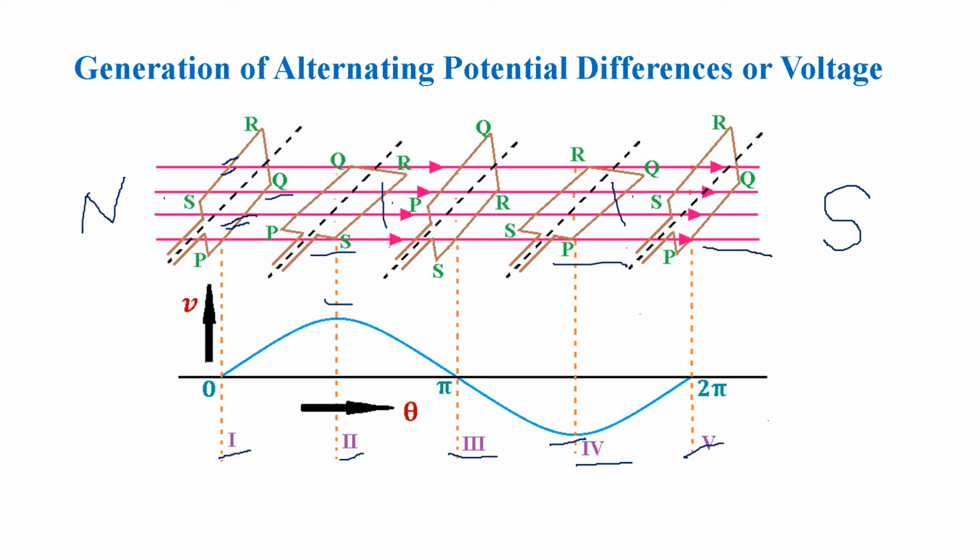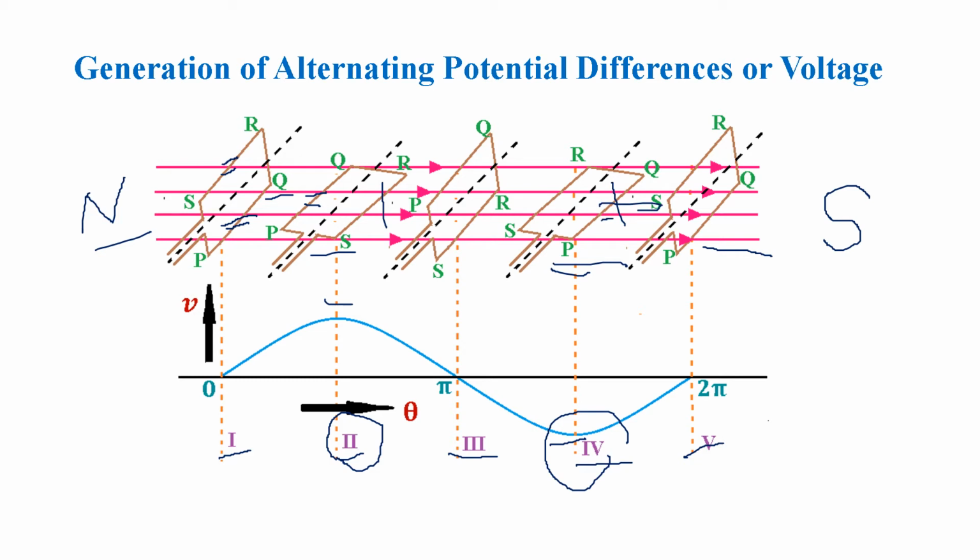If you notice, the EMF induced at position 2 and position 4 are opposite in nature. If you see the coil positions, in position 2, coil side PQ comes under the north pole, but in position 4, PQ comes under the south pole.